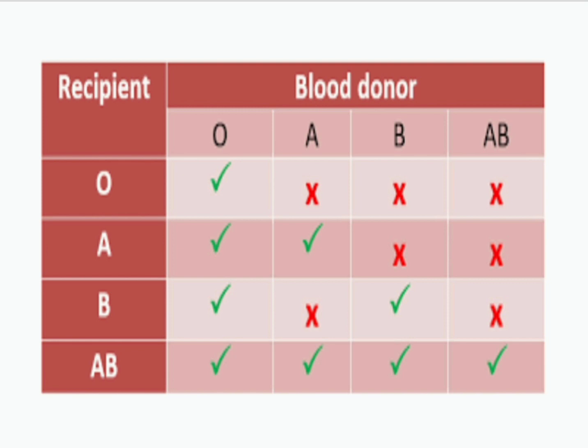So a recipient of AB, you see that in the very last part of your chart, the green ticks, the recipient of AB can receive blood from anyone. So he is called the universal recipient.